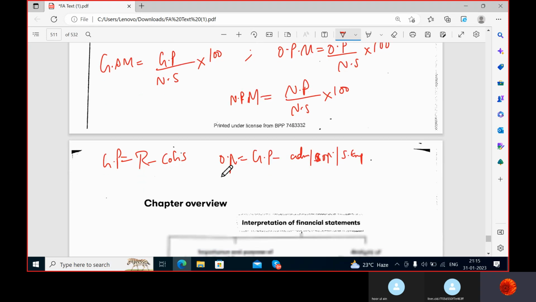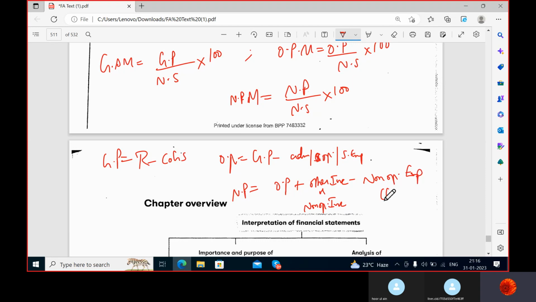And how you get net profit: to operating profit, add other incomes or non-operating incomes, and subtract non-operating expenses, like finance expenses, which I mentioned. Just make a note of all this.